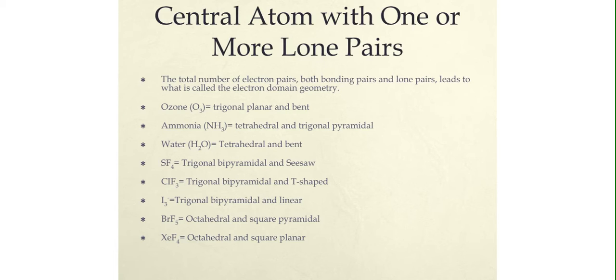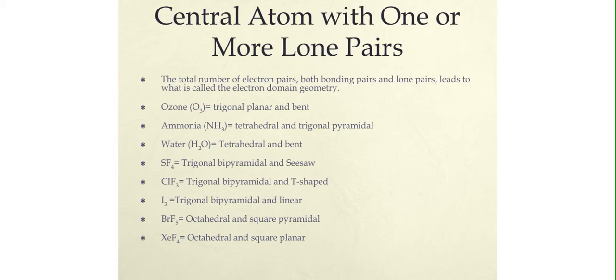All right, the big thing you need to know is that when you have a total number of electron pairs, let's say 3, where the number of bonding pairs is 2 and you have 1 lone pair around the central atom, you're going to have a trigonal planar electron domain geometry. Your molecular geometry is what's known as bent, and the example here is O3.